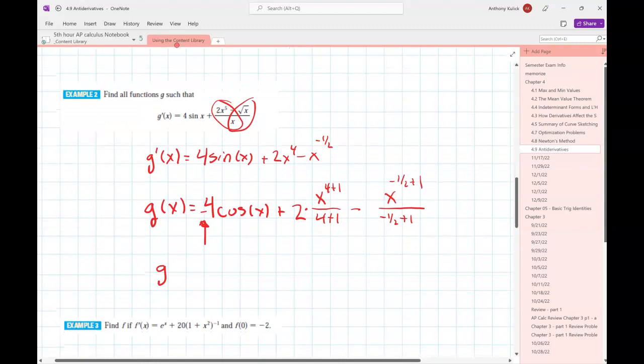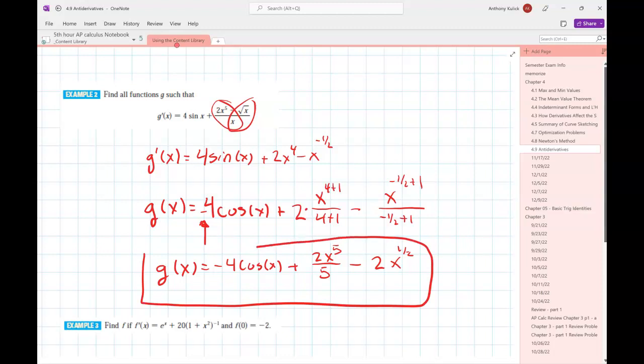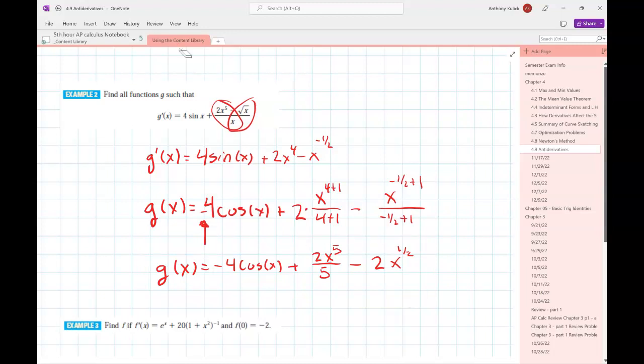So if I clean this up then, I have this.